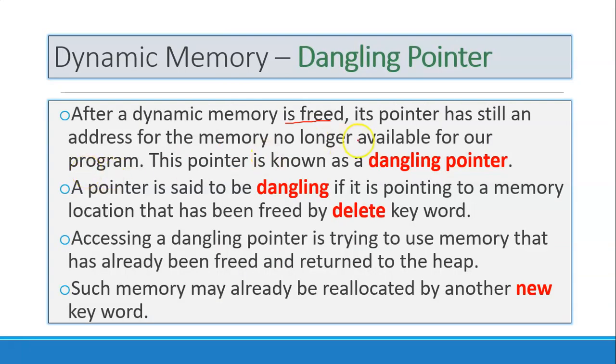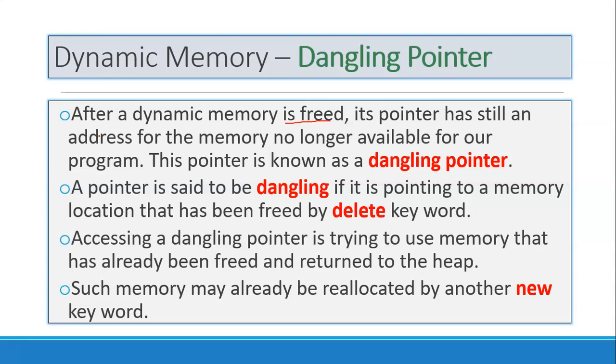So it will still be available and pointing to the memory, but now that memory that is being pointed to, the address it points to, has been freed. So we have a pointer which is pointing to the freed memory, and this situation is called the dangling pointer.